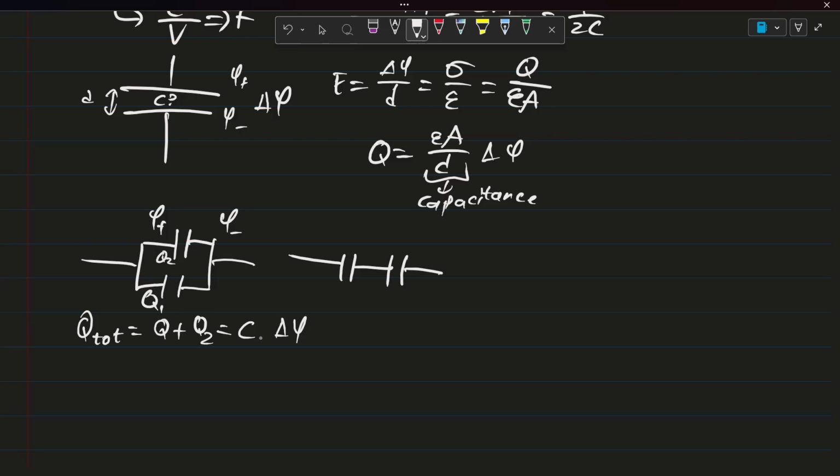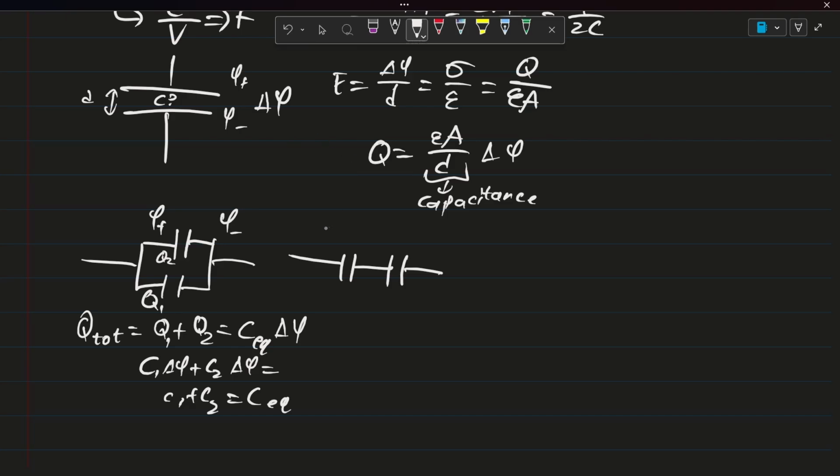So it's just the equivalent capacitance times the delta phi. And you could substitute this Q1 and Q2 to be C1 delta phi as well as C2 delta phi. This would mean that C1 plus C2 is C equivalent. So for a parallel configuration, you could just add up the capacitance in order to get your equivalent capacitance.